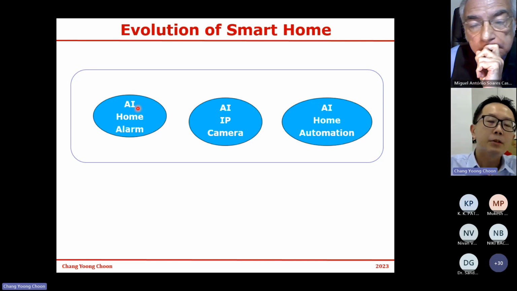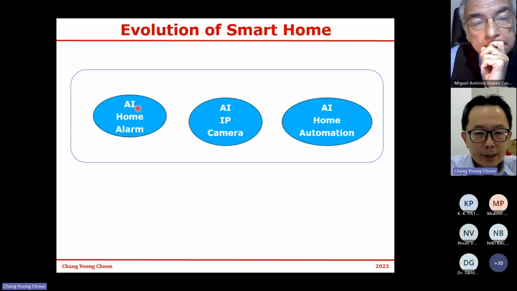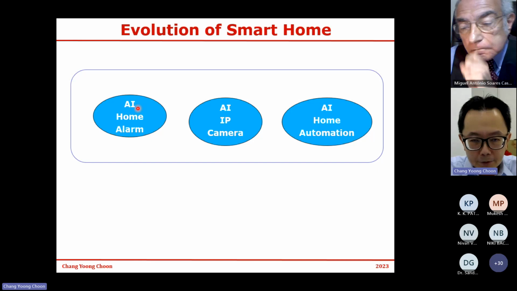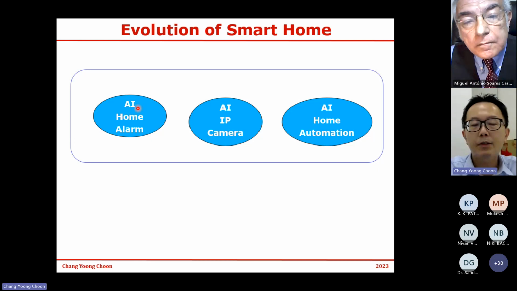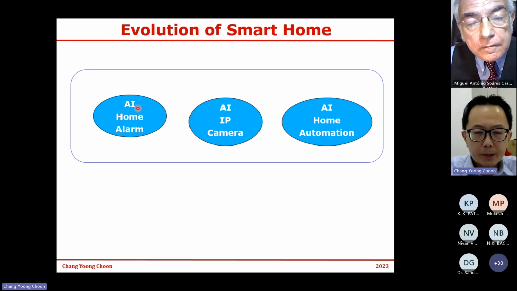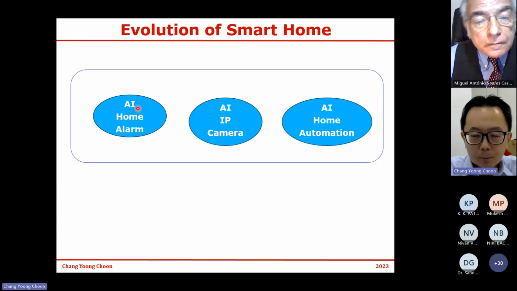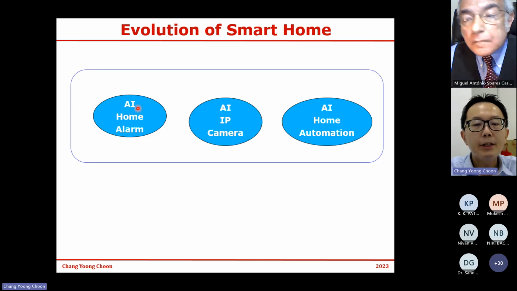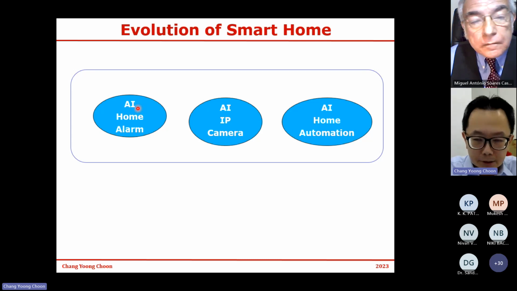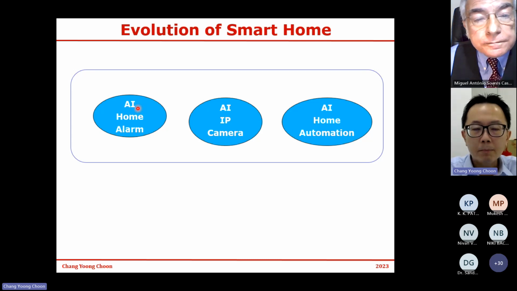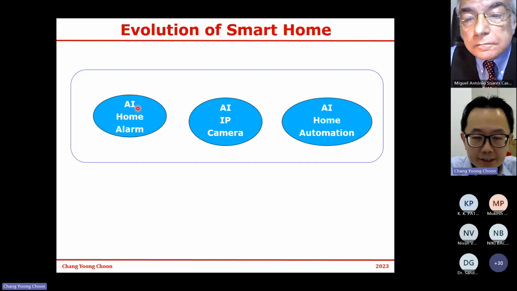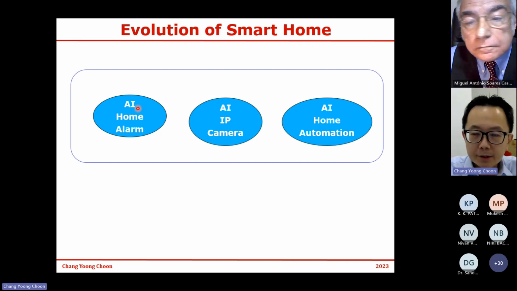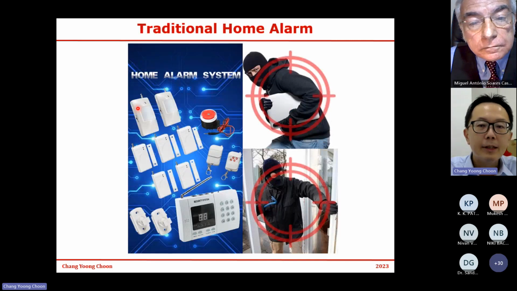Everyone can afford it. The latest trend is what we call the AI smart home. And what will be next? After we put artificial intelligence into the smart home, it is probably time to think about something we call assisted living, to assist especially the elderly in the activities of daily living.